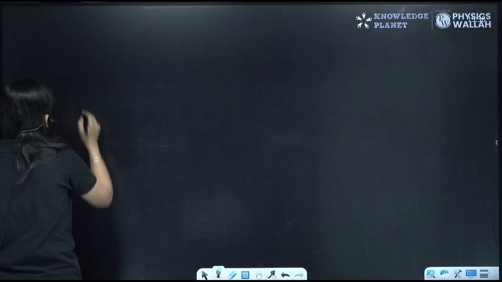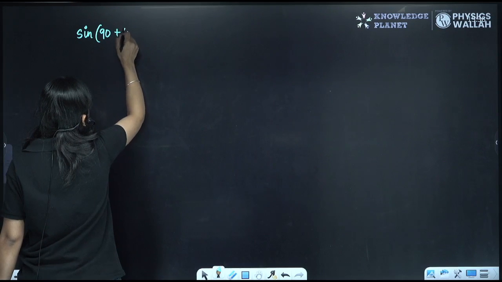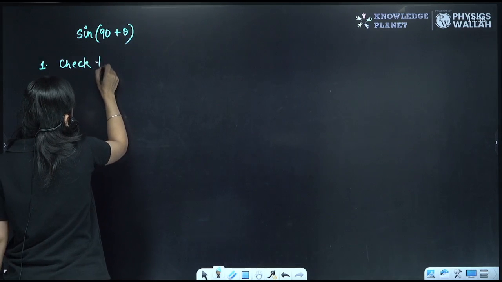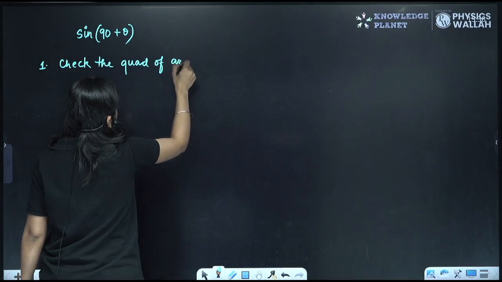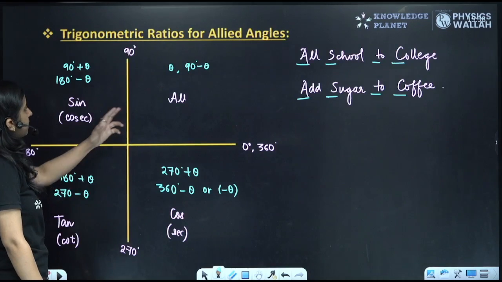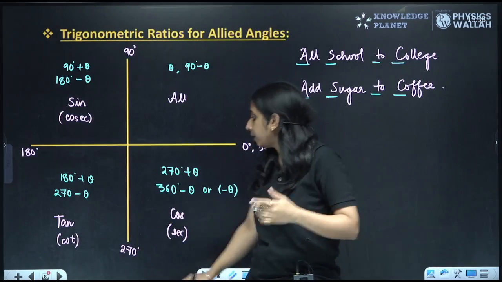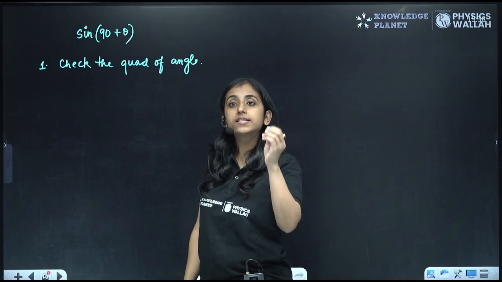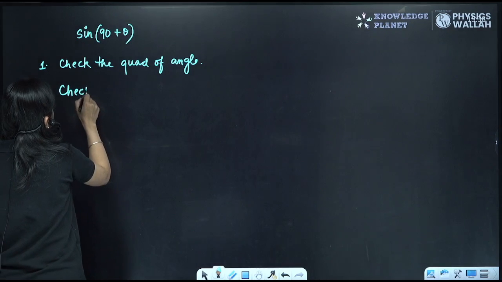Now, if I have to find sine of 90 plus theta, then the first step is to check the quadrant of the angle. 90 plus theta comes in the second quadrant. Then check whether the given trigonometric function is positive or negative in this quadrant.